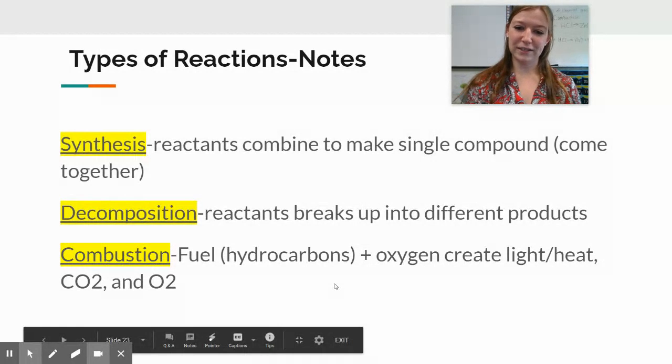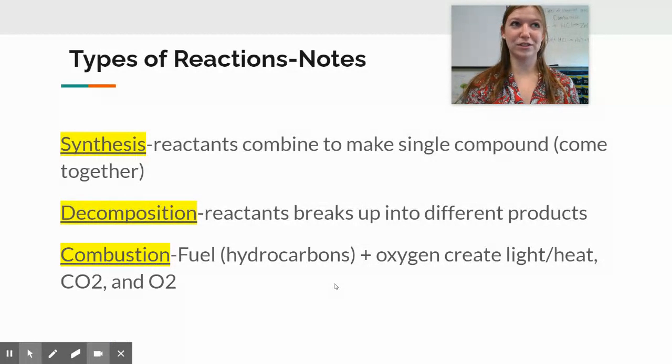Now, all this fuel needs is oxygen gas, which is 20% of our atmosphere. So it's floating around in there. And they're going to create three things. Well, kind of four things. One, they're going to make light or heat, and we're going to see this in the form of a fire. They're going to make carbon dioxide gas. They're going to release a lot of that in the atmosphere. And then they're also going to make not oxygen gas.